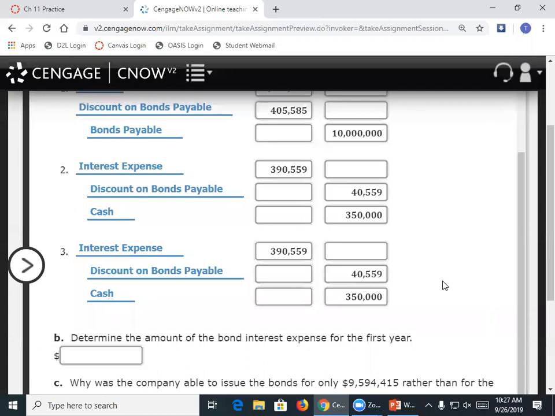When we pay a bond back, it's always a debit to bonds payable at face value, credit to cash. So interest is always calculated the same, and your maturity payment is always the same. What is different is your issuance journal entry and then your interest expense recognition.